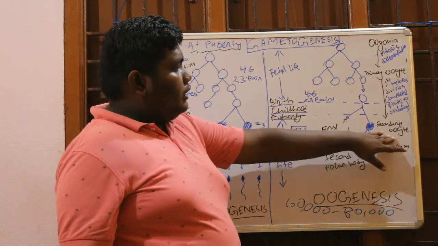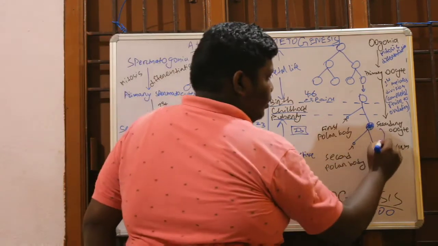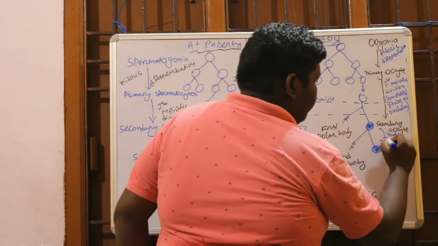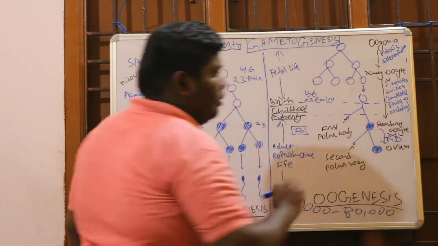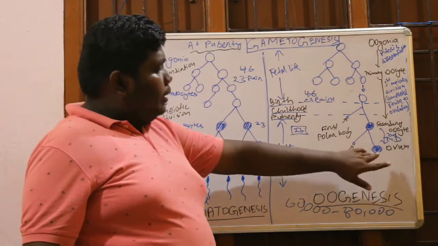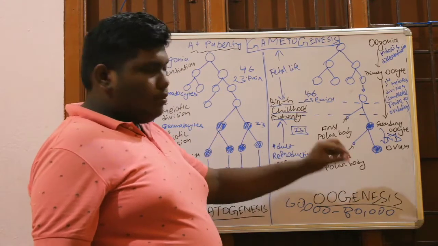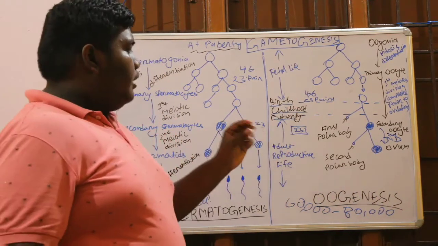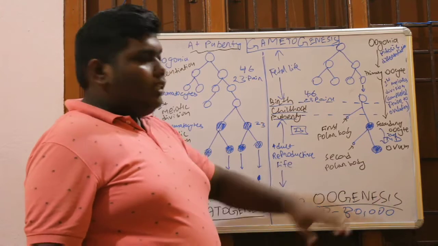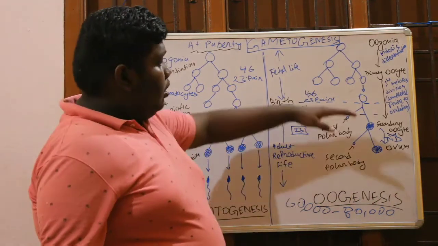Now this secondary oocyte again undergoes the second meiotic division to form the ovum. And here also the larger part is the ovum, and the smaller particle formed is the second polar body.